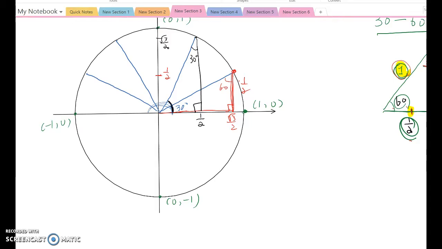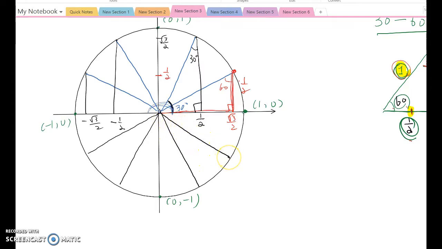Good? Similarly, on the negative side too, this will be negative 1 over 2, and this is going to be negative root 3 over 2 here. Good? So we keep on drawing the other half with 6 different pieces. We can make it this way here.